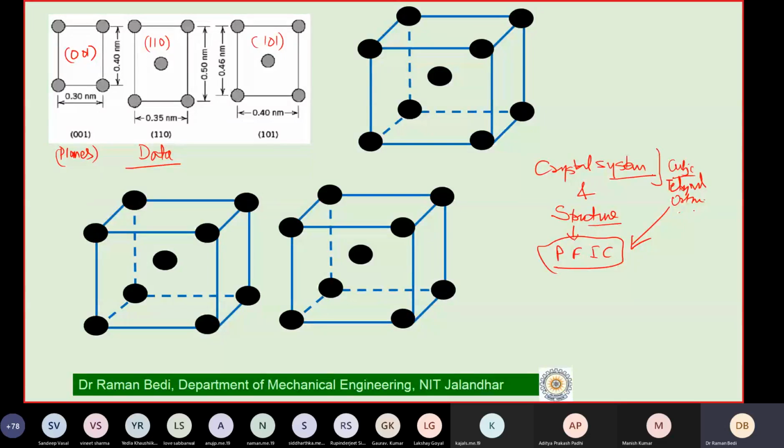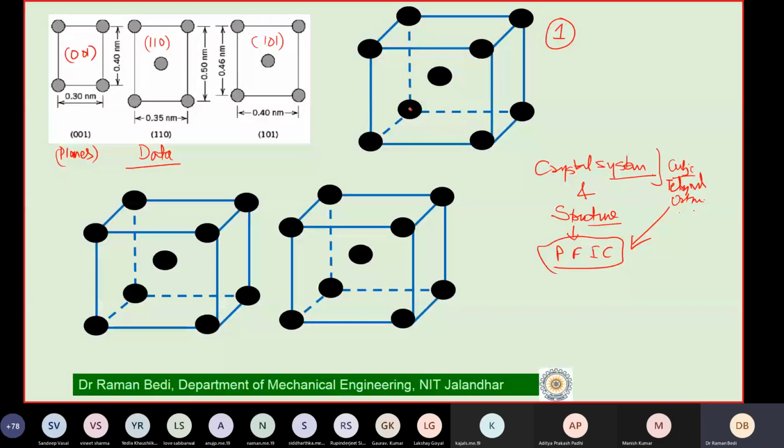I have the first data, the 0, 0, 1 plane. I have already shown you that these are the 3 unit cells in which we will draw these planes. So where is the 0, 0, 1 plane in this first picture? This is the first one at the top. 0, 0, 1. Yes, sir. Parallel to the X axis and parallel to the Y axis, the intercept on the Z axis will be 1.